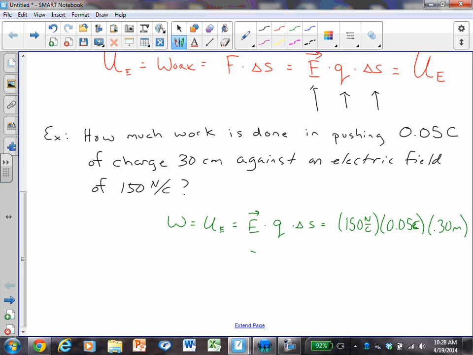And when we multiply that out, we get 2.25 joules. Newton meters, joule.